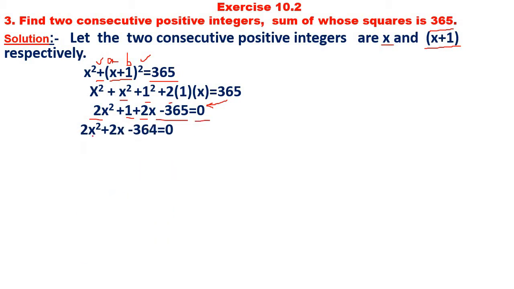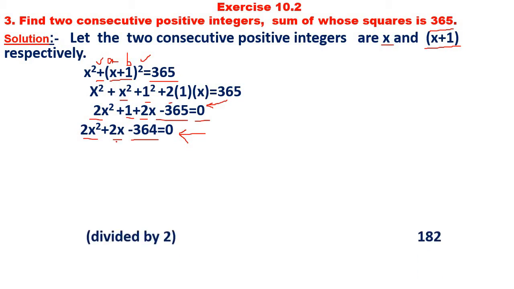Now we can write 2x square plus 2x, then minus 365 plus 1 is minus 364. So this is the standard form of the quadratic equation, ax square plus bx plus c equal to 0.